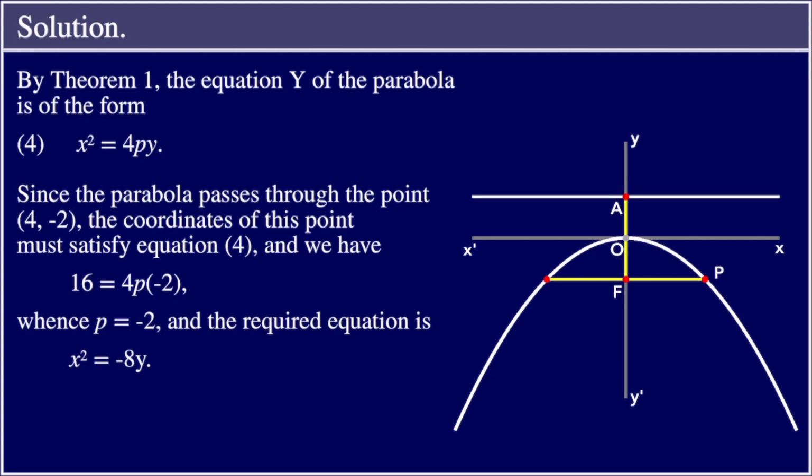Since the parabola passes through the point (4, -2), the coordinates of this point must satisfy equation 4, and we have 16 equals 4p times the quantity -2, where p equals -2, and the required equation is x squared equals -8y.